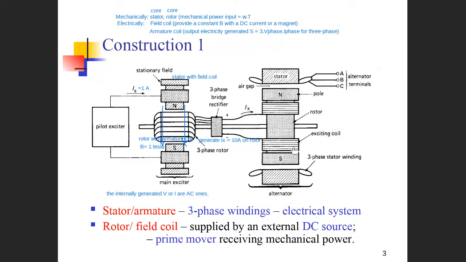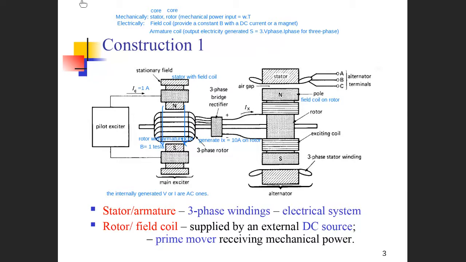Now, here is the alternator, the major part of the generator, on which the rotor has a big DC current supplied to the field coils. So we have field coils on the rotors with a big current, say 10 amperes.